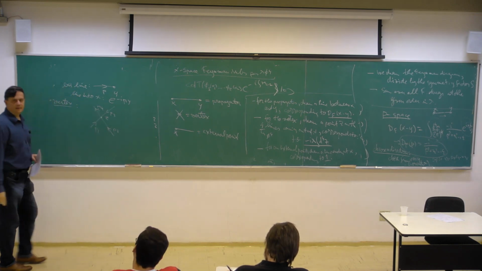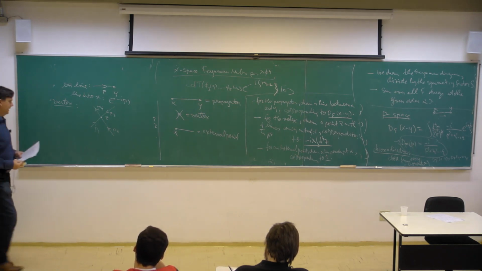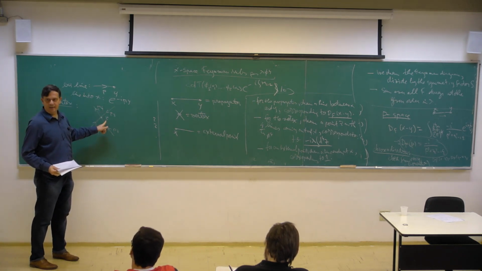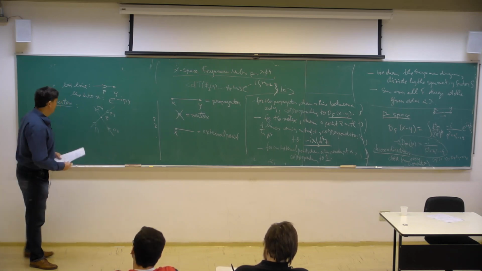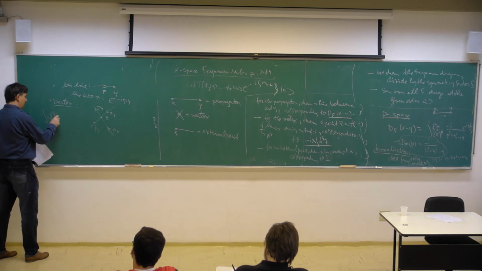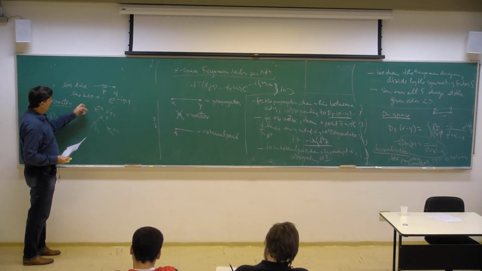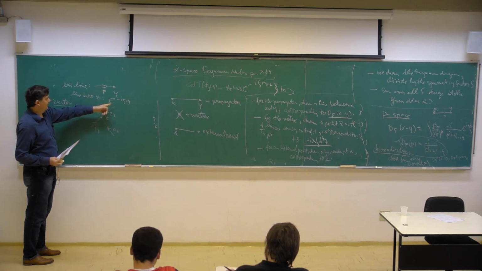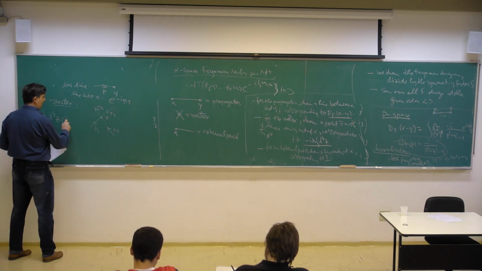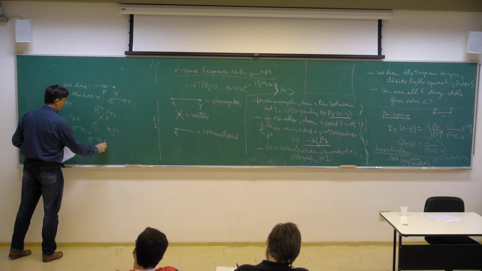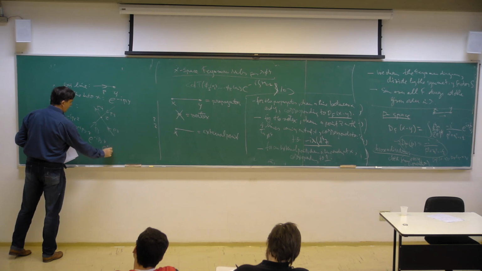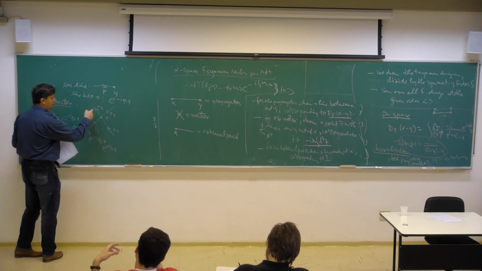For instance, this, right? So a vertex is something like this, with 4 lines and the point. But the point is in the middle, so it's integrated over. So I have d4z. And then for each of these lines, I have such a factor, right? So I have e to the minus I P1 Z, e to the minus I P2 Z, e to the minus I P3 Z, then e to the plus I P4 Z, because P4 goes out.